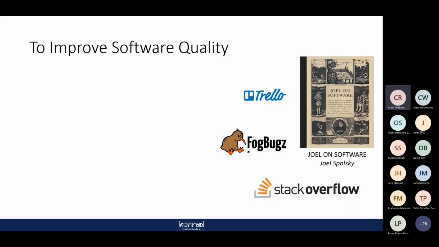So, Joel on Software is a book by Joel Spolsky, creator of Stack Overflow, which I'm sure many of you have used, creator of FogBugz, a bug tracking tool, but he also maintains a blog, joelonsoftware.com, which has some great anecdotes and short stories, a lot of which are focused on improving the quality of people's software. And he's very language agnostic as well, so you can apply a lot of his lessons and teachings to LabVIEW or to TestStand. And he asks a series of fundamental questions.